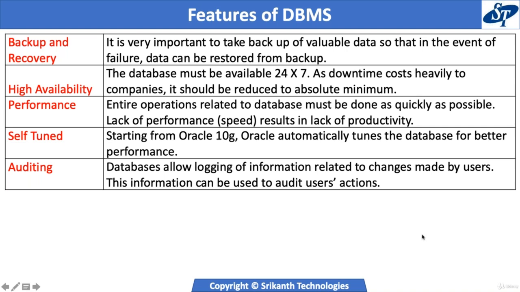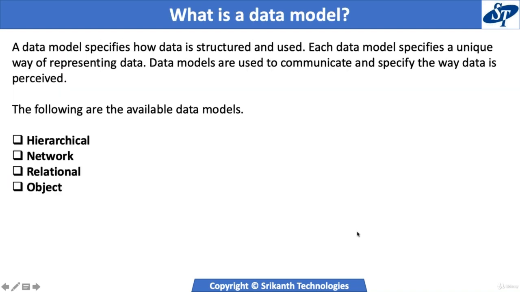Hierarchical and network are no longer our focus because these two models are no longer in use. So we focus only on relational model predominantly, and that is the model the most widely used. So in this course, we focus on relational model. So let's understand what is relational model.